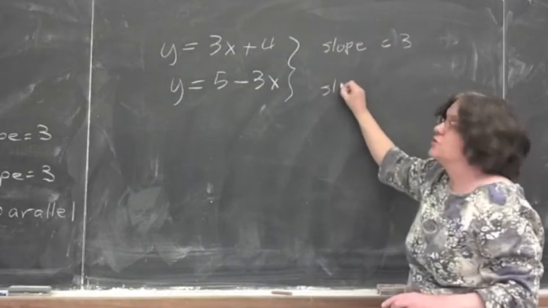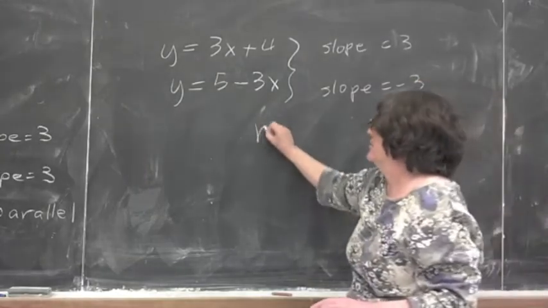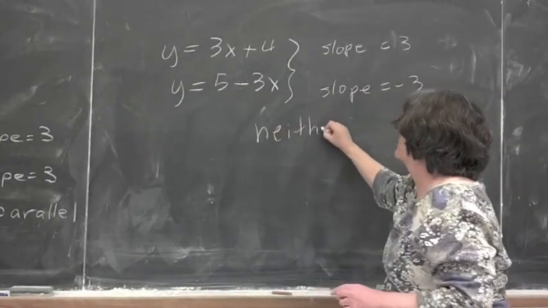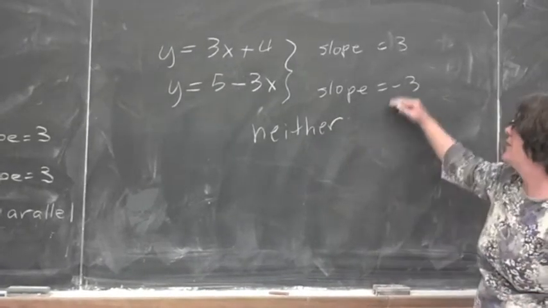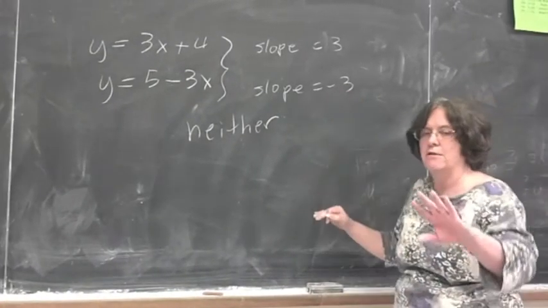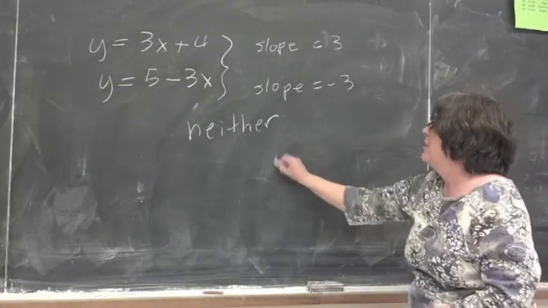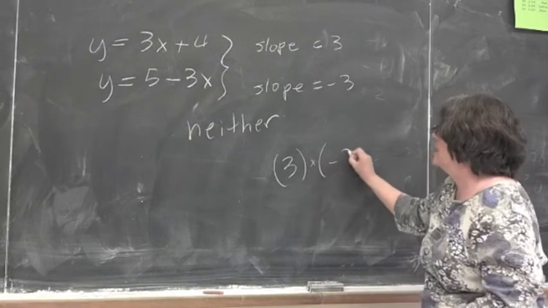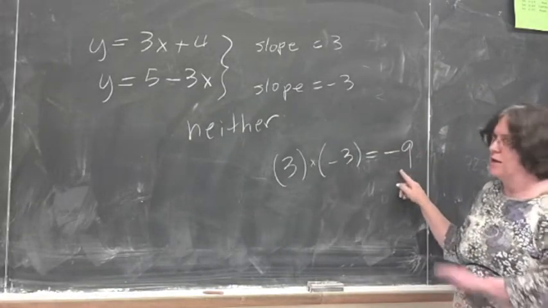This one, the slope is -3. These are neither. Just because it's negative doesn't mean that it's perpendicular. It has to be negative and reciprocal. If we multiply those two together, 3 times -3, we wouldn't get -1. We'd get -9, so it doesn't work.